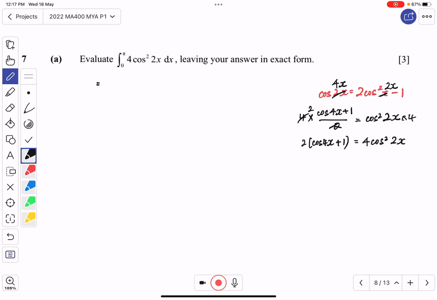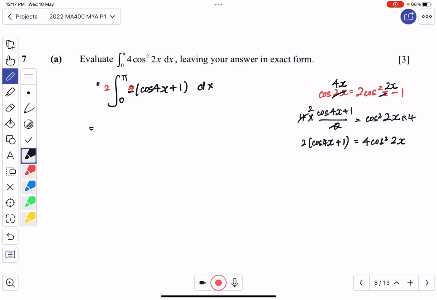So the integral of 4 cos square 2x is the same as the integral from 0 to pi of 2 of cosine 4x plus 1 dx. I can take the 2 and put it outside. I can purposely put a 4 in, so let me split it up a bit.